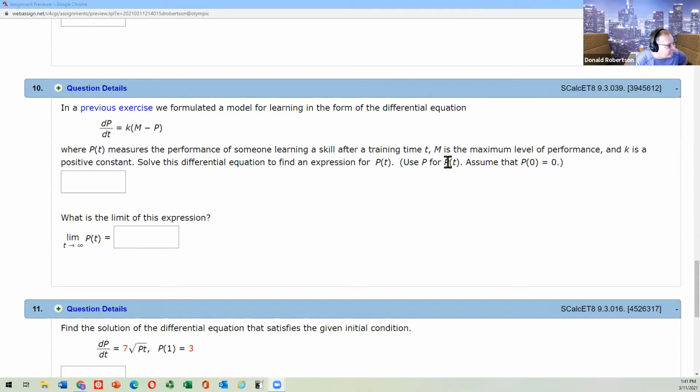It just means you learn through time. And K is a positive constant. Solve the differential equation.